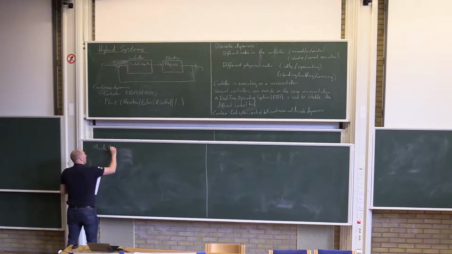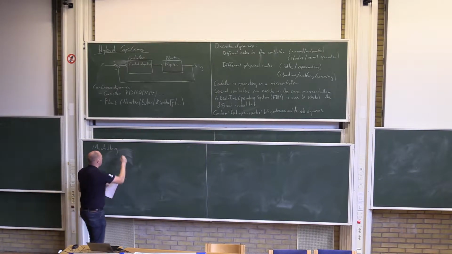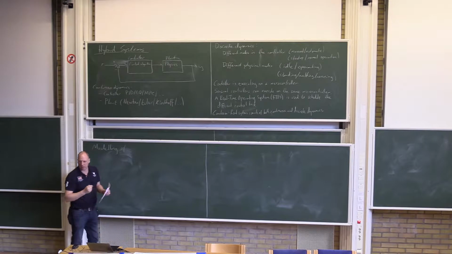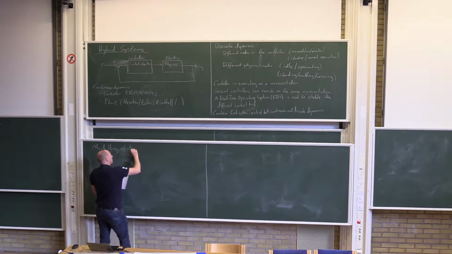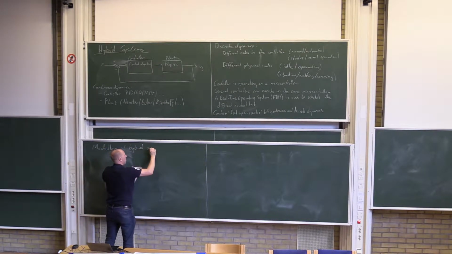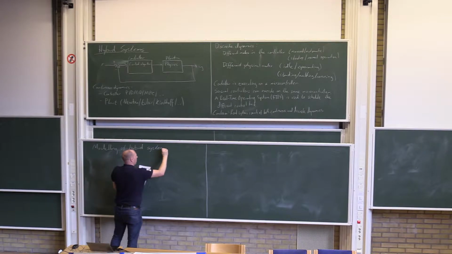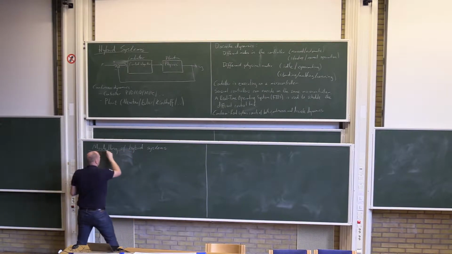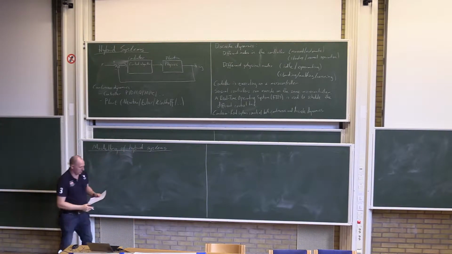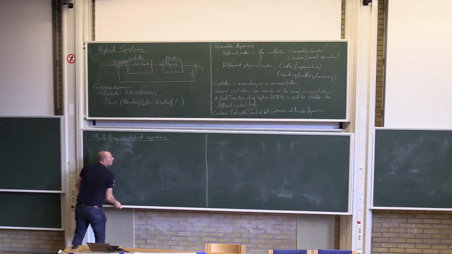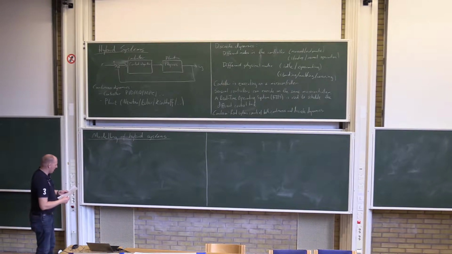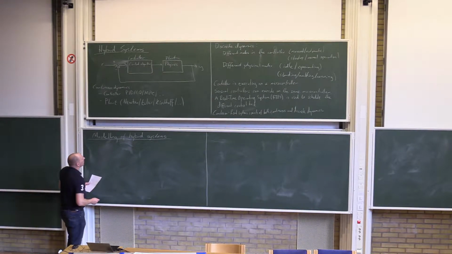We will first start with, and I think also Bengt in the discrete event systems course talked a little bit about hybrid systems. I think we will go a little bit deeper here. This is a topic that there are many things to say about, and it could be its own course. But we will just give you the big ideas and problems here.